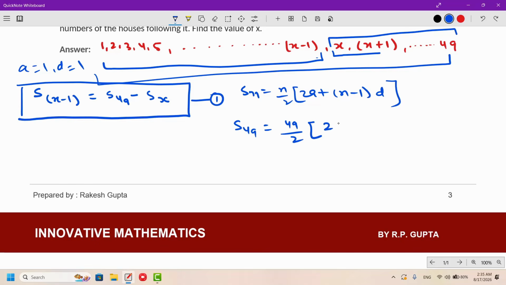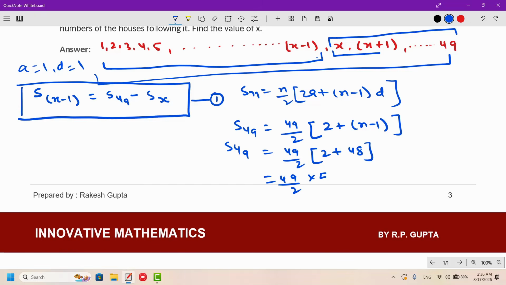So 2 into 1 is 2 plus (n minus 1) into d, where d is 1. So S49 is equal to 49 by 2 into (2 plus 49 minus 1, which is 48). So this one is 49 by 2 into 50. So 25 into 49 is 1225. This one is S49.